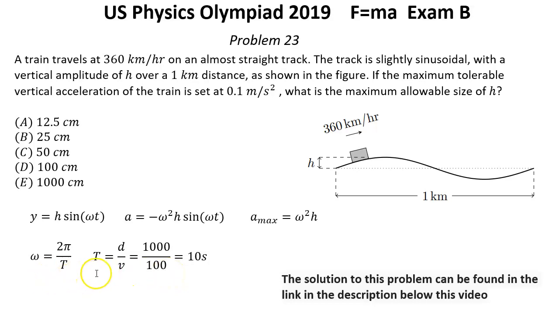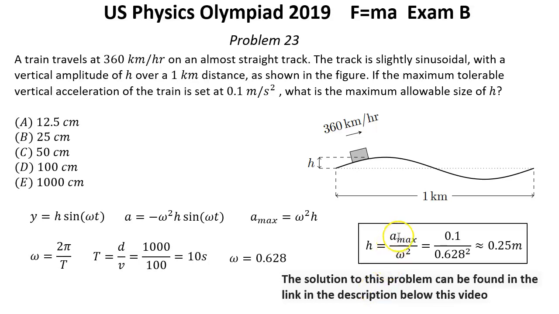So we have a total time or period equal to 10 seconds. It means that omega equals 0.628, and the height equals maximum acceleration over omega squared, which is 0.25 meters or 25 centimeters, which is answer B, and that was the solution for problem number 23.